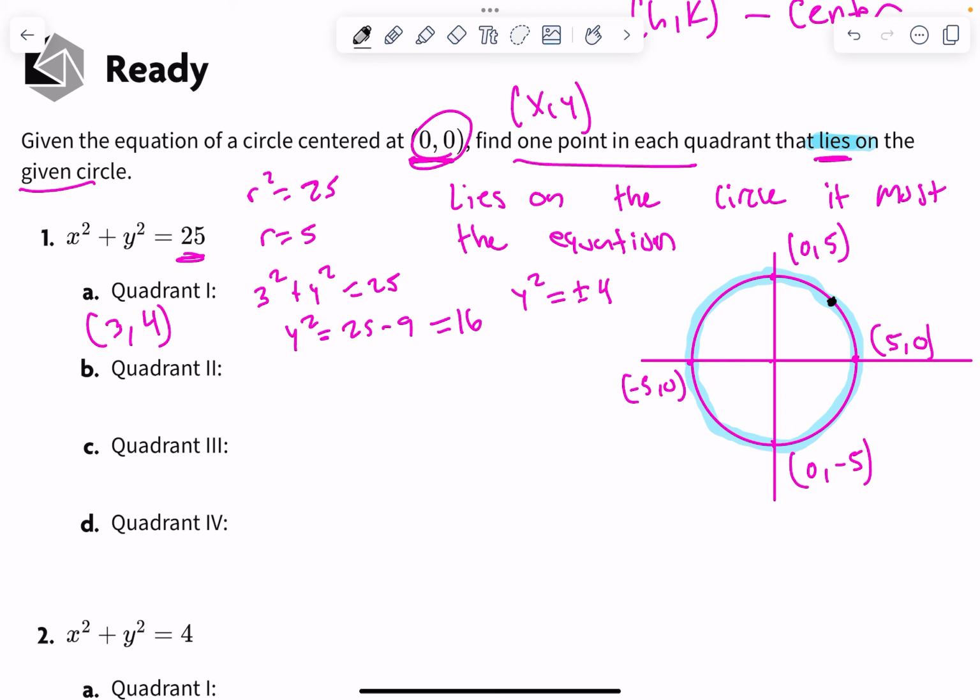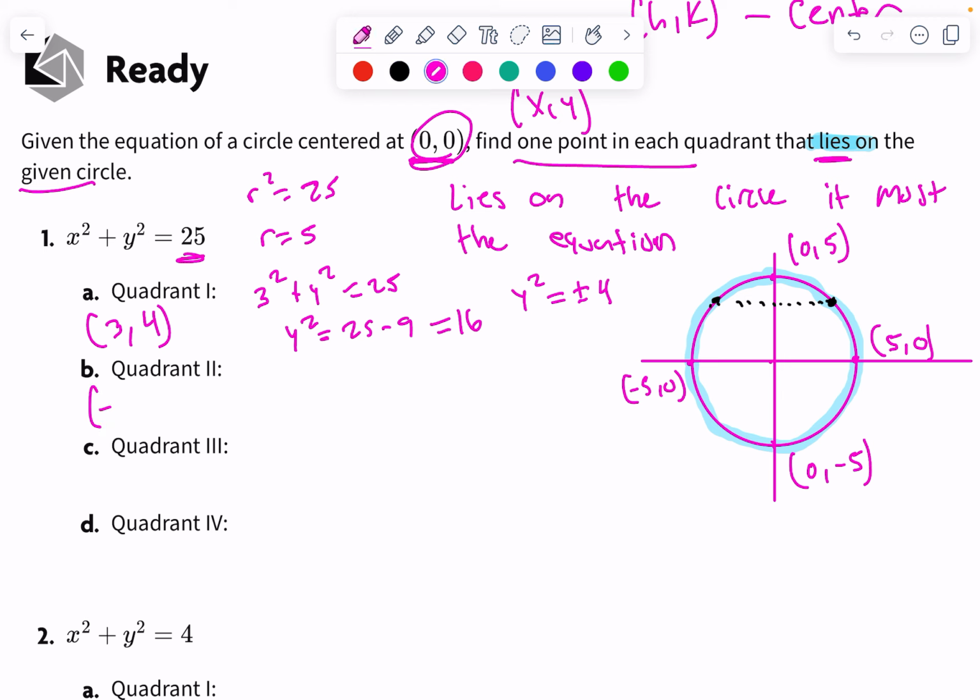Okay, now quadrant 2. You should know that I can do this. And it's going to be on the same circle too, except what's going to change? My x coordinate would become what? Negative, right? So this should become negative 3, comma 4. And I can do this. I can repeat this.